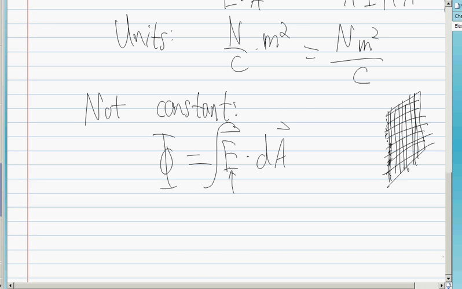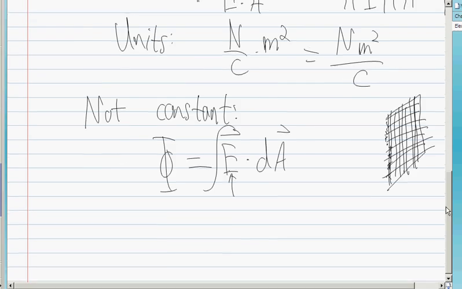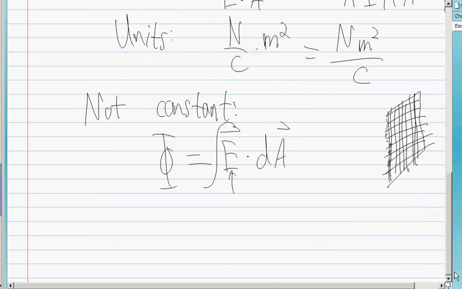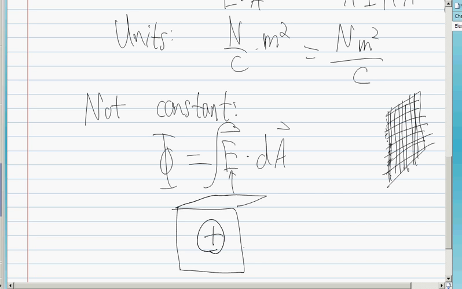So let's look at keeping a charge inside of a box. So it's inside the box.